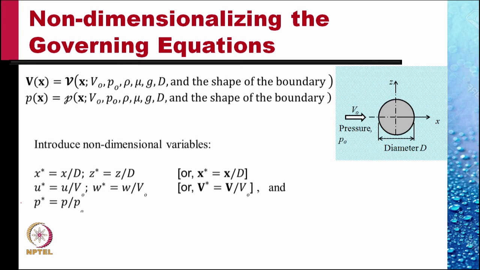The velocity far upstream, the undisturbed velocity of air flowing past this sphere, V naught. Similarly, pressure we could non-dimensionalize by using atmospheric pressure as the characterizing pressure. So, P by P naught.